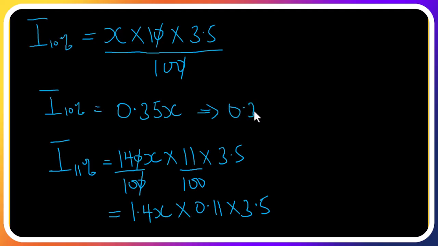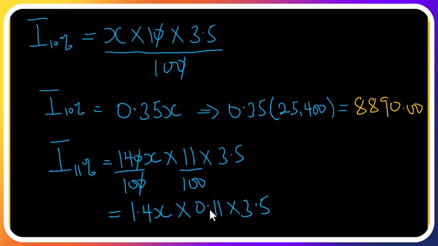Now 0.35 by 25,400 equals 8,890 Ghana cedis. So this was the interest earned at the end of the 3.5 years, the 10% interest earned.